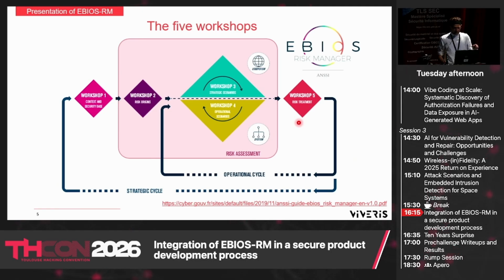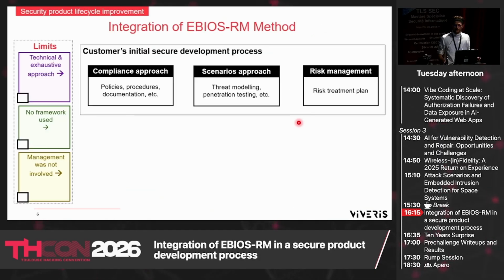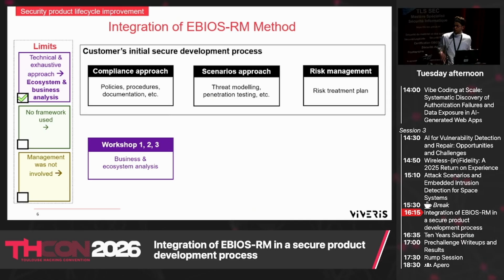Okay, and now let's see how can we integrate this method in our life cycle. So, first, with the first 3 workshops, we already solved a part of the problem because we analyzed the business and ecosystem analysis.